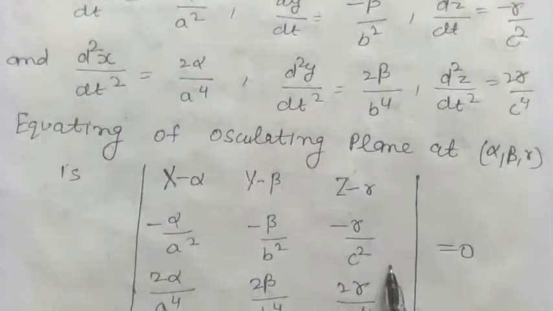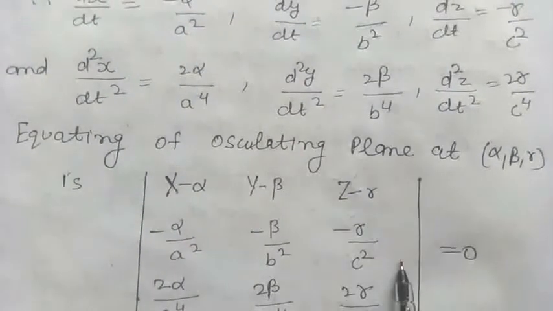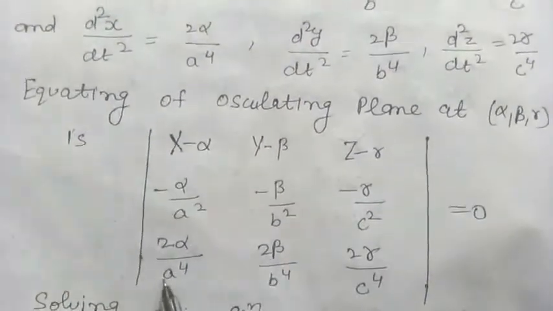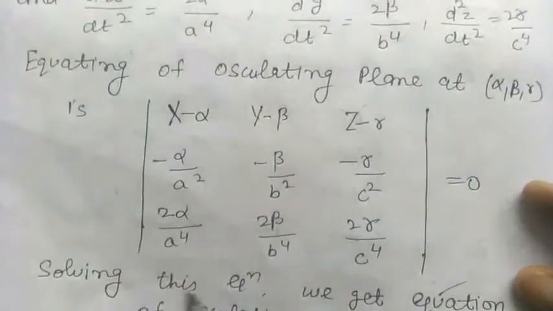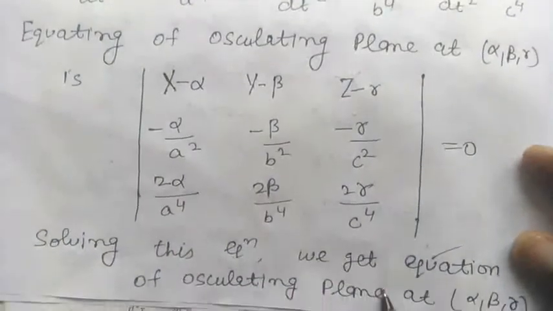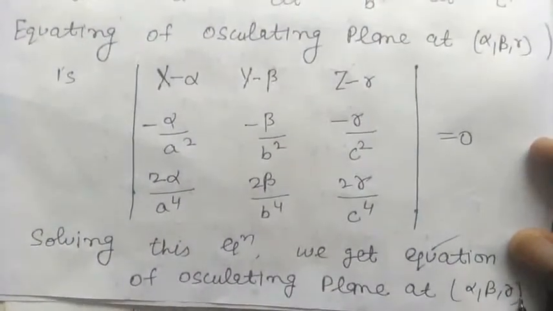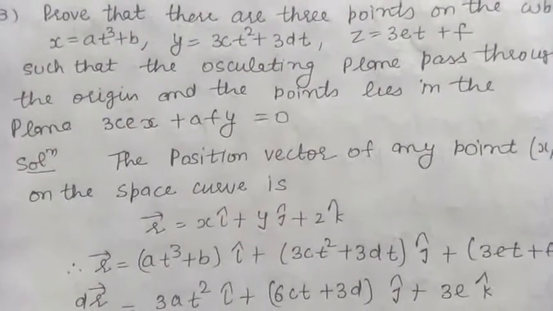In the second row we have the values of x dot, y dot and z dot. In the third row we have the values of x double dot, y double dot and z double dot. Now solving this determinant we get the equation of the osculating plane at the point (alpha, beta, gamma). So this was how to find the equation of the osculating plane.